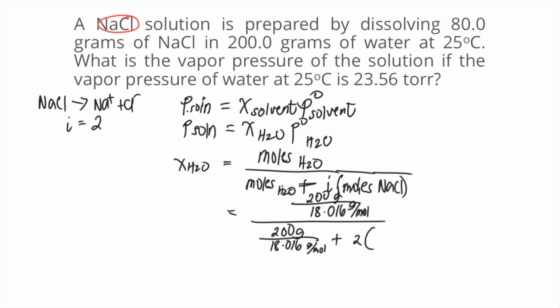Moles again is mass over molar mass. The mass of NaCl is 80 grams divided by the molar mass of NaCl, 58.44 grams per mole.